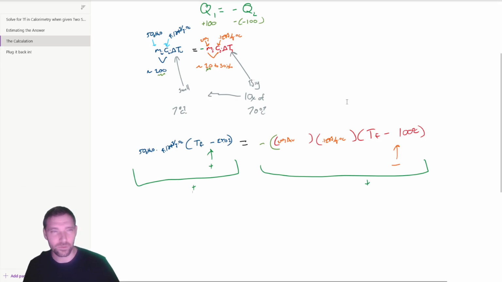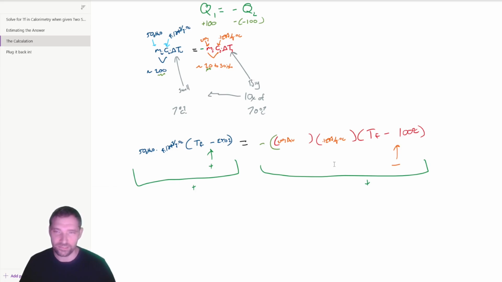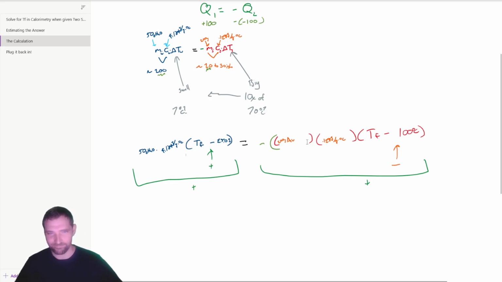So I worked through this problem with a student, and what they did at this point was they divided both sides by 50. That's totally fine. What you really need to do is just simplify, and you can't multiply this stuff by what's outside until you've simplified. So you can cancel those out, or you can do the distributive property.